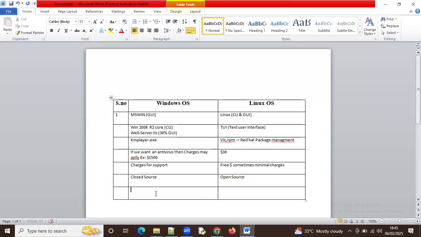And it occupies more memory, more RAM to install. This one occupies less RAM.